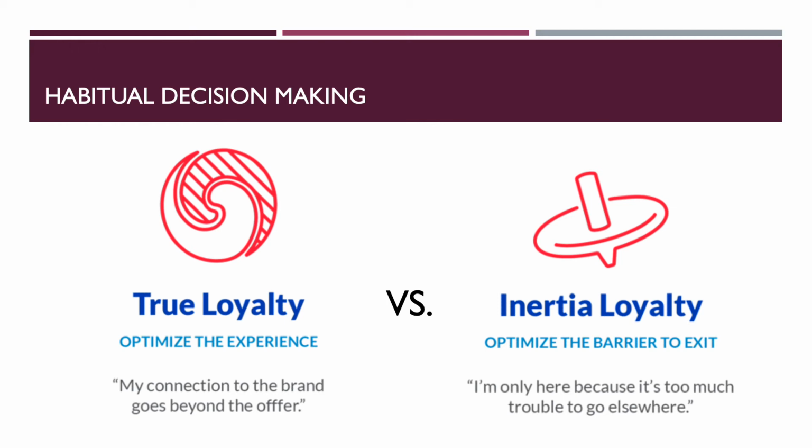You keep buying the same brand over and over. However, you don't have a personal connection with the brand when you have an inertial loyalty. On the other hand, when you have true brand loyalty, because the brand optimizes your experience, you have a connection with the brand.